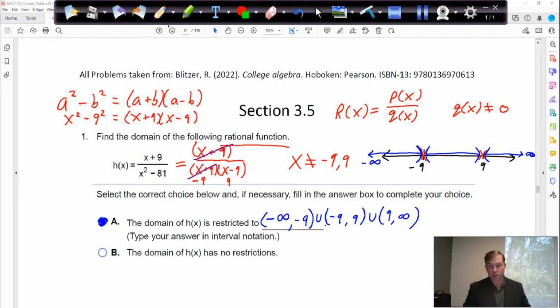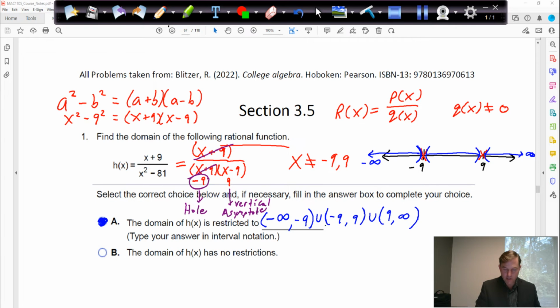So you still say, okay, minus 9 can't work, so let's restrict that. But at this point, you get on the graph a hole. And then on this one, this 9, this is going to be a vertical asymptote. And we'll see what that means in a minute here with a picture. So when you cancel, you get a hole, and when you can't cancel, you get what's called a vertical asymptote.